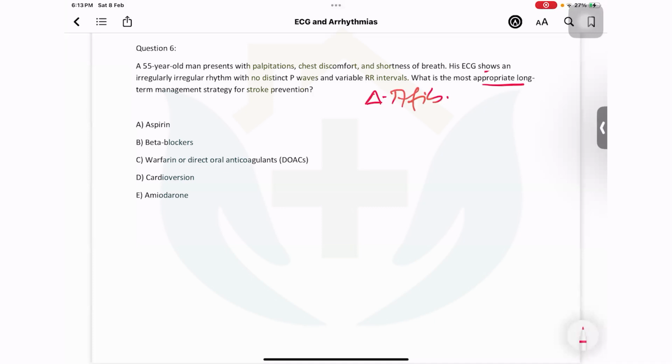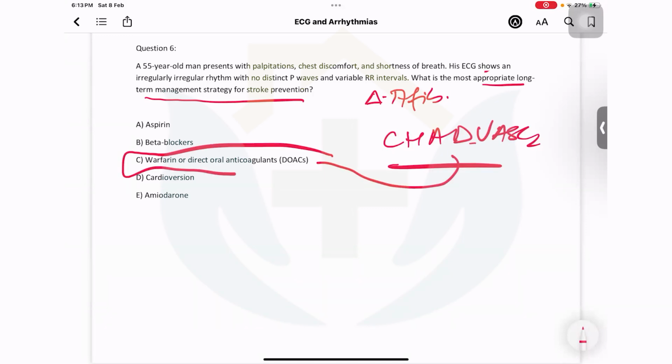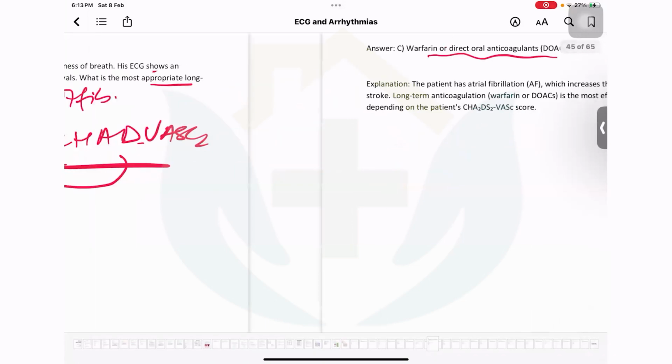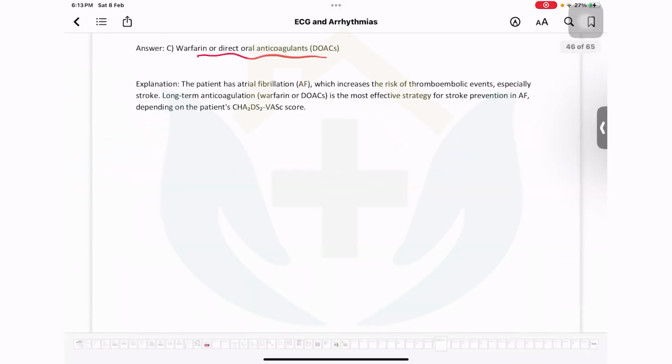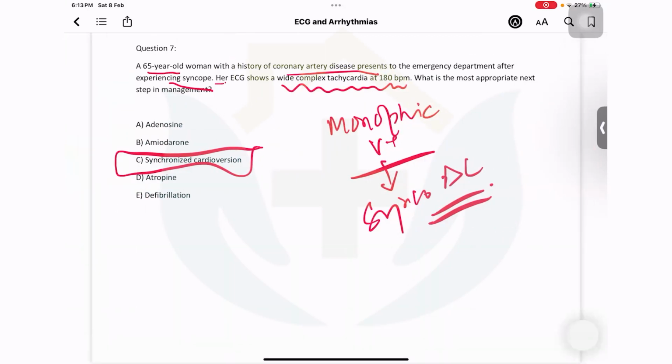What is the most appropriate long-term management strategy for stroke prevention? Warfarin or direct oral anticoagulant. Yes, you calculate the CHA2DS2 score and then start the patient on warfarin or direct oral anticoagulants. So this patient has a high incidence of stroke.